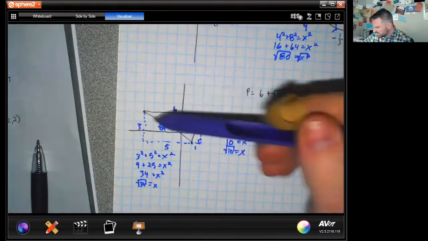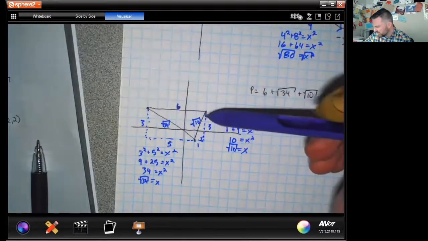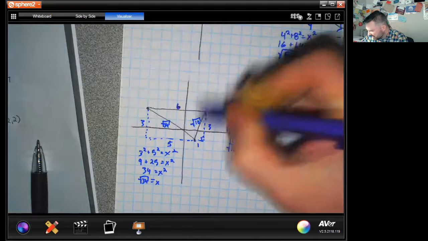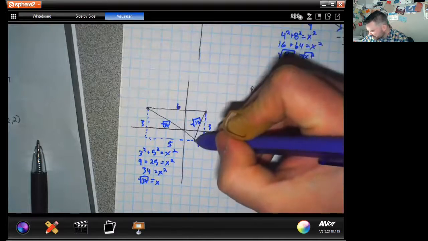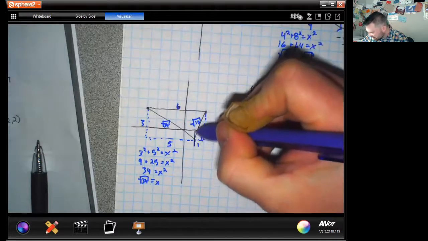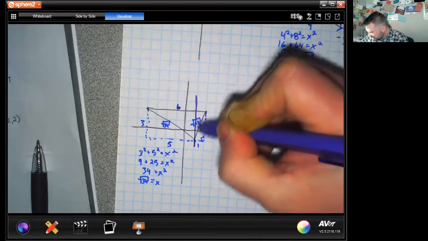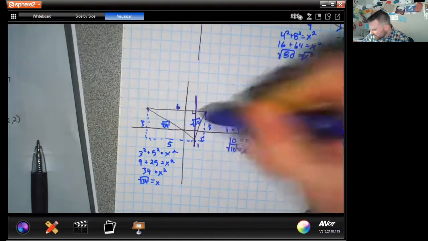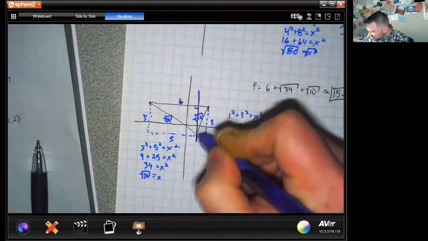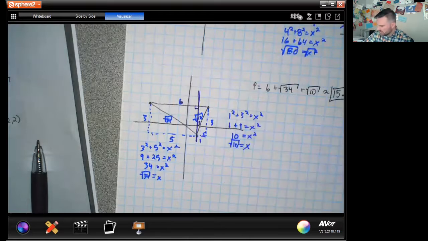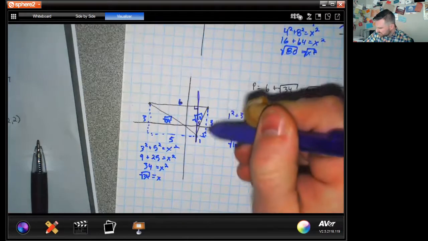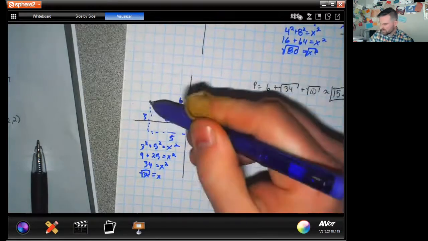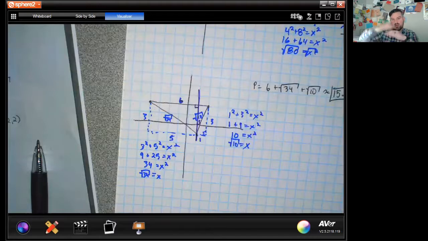Well, this is horizontal, so a vertical line must be the height, and it has to go to the top. So the only place is right here. A horizontal and a vertical line create 90 degrees. And this length right here is 3. I could have done this height of 3, or this height is also 3. So this triangle is 3 units tall.